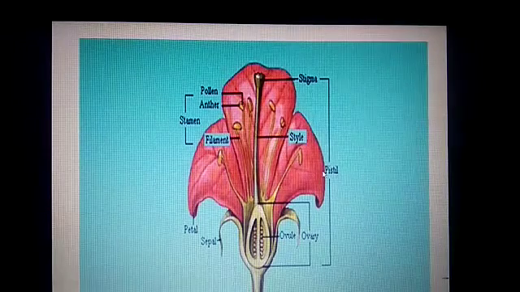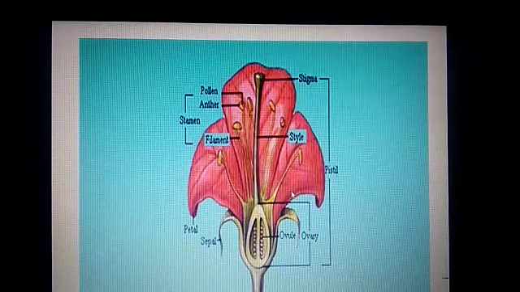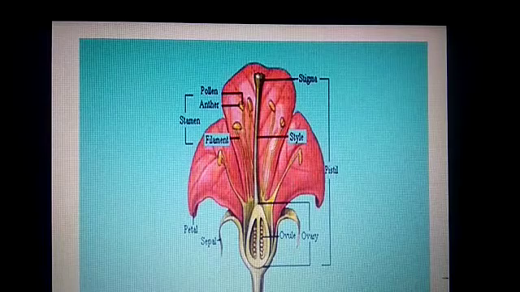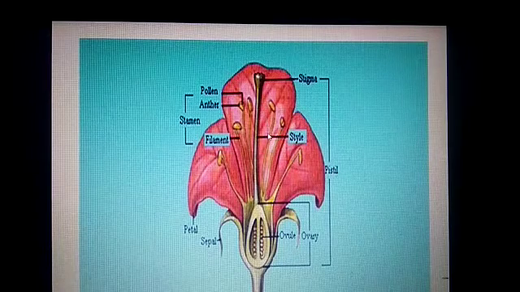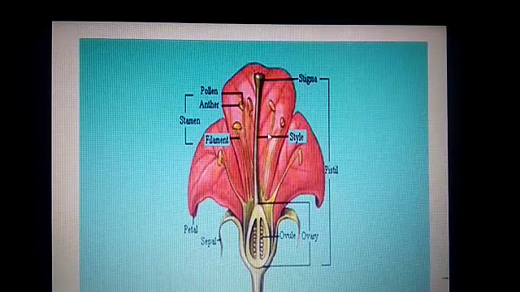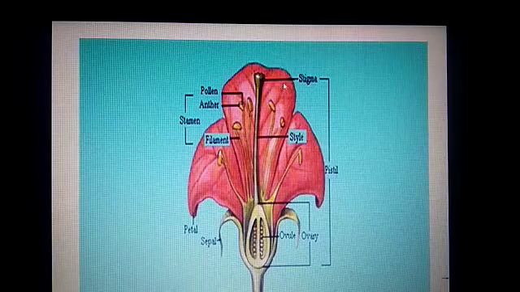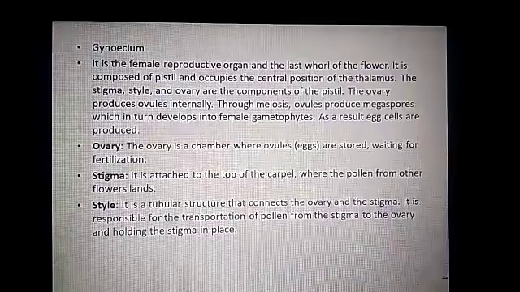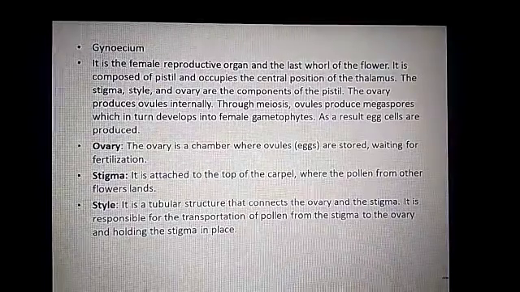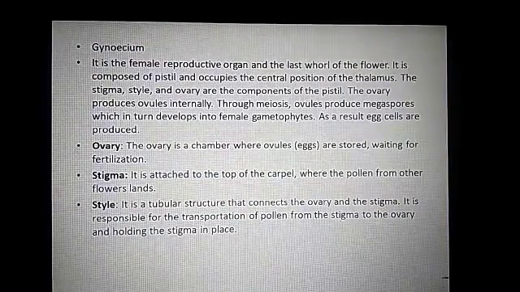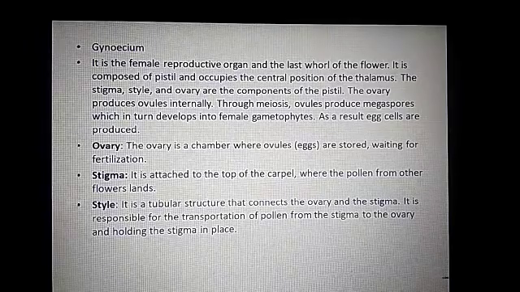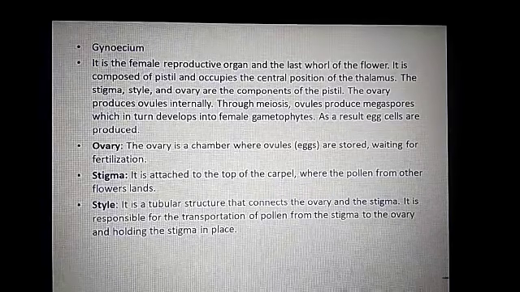The ovary is present at the base, and a narrow thread-like structure called the style is present in the middle, expanding into the stigma at the top. The last whorl of the flower is the gynoecium, the female reproductive part, which consists of stigma, style and ovary.